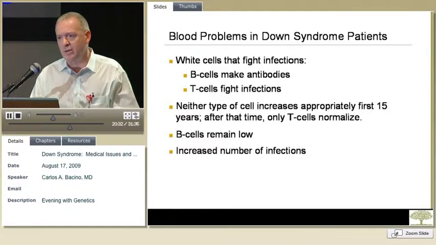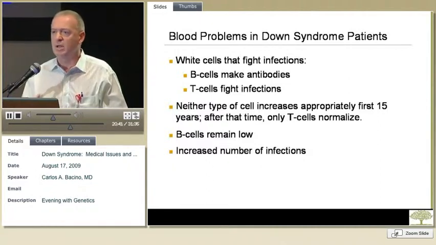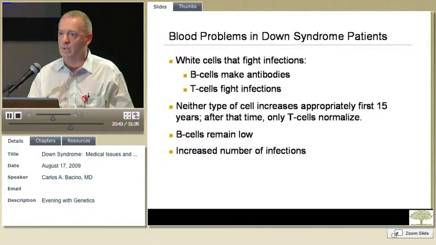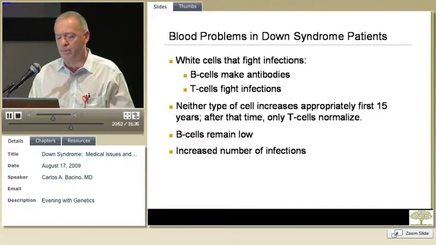You know that the white cells mainly are formed by what is called the T and the B cells. The B cells make the antibodies, and the T cells are the ones that fight directly with the infections, the viruses and bacteria.